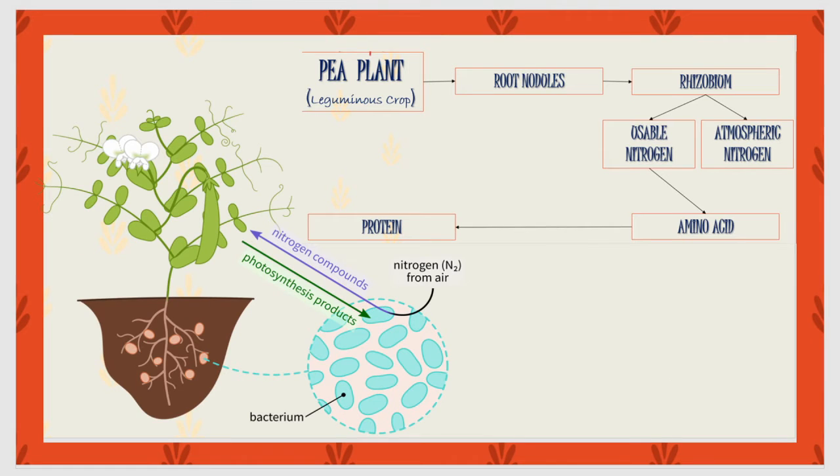You can look at this diagram in which it is shown that these roots have tiny dot-like structures which have bacteria inside them, and this is basically rhizobium bacteria. The photosynthesis products get inside it, and the nitrogen compounds are released.